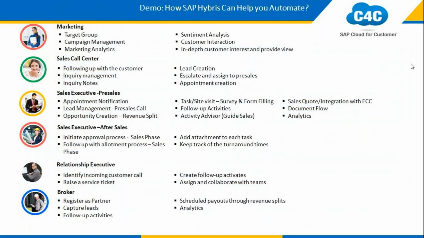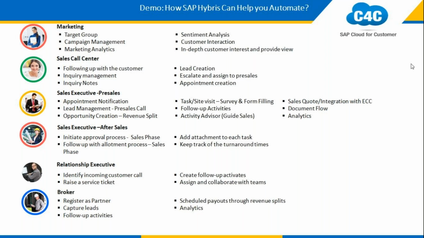Coming to the automation process, from the system I have fragmented the applications and the business areas where a particular application or object will normally be utilized. You see there is a marketing piece here in C4C sales and service cloud. The marketing piece is normally utilized for target groups and campaign management. You have sentiment analysis, customer interaction, and in-depth customer interest and overview.